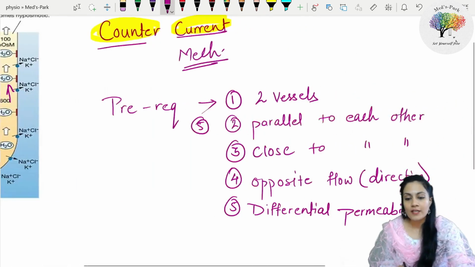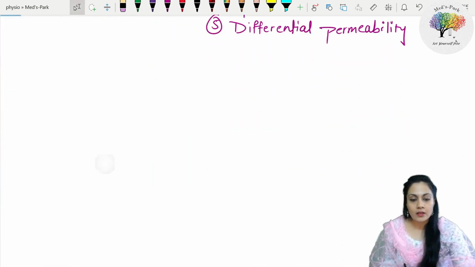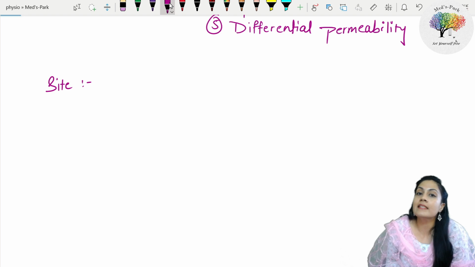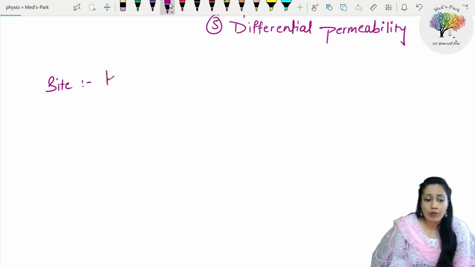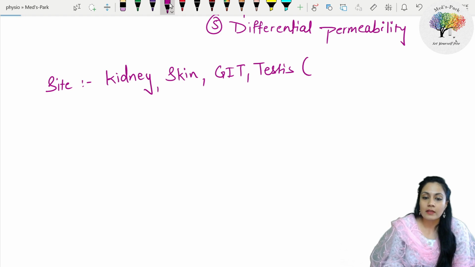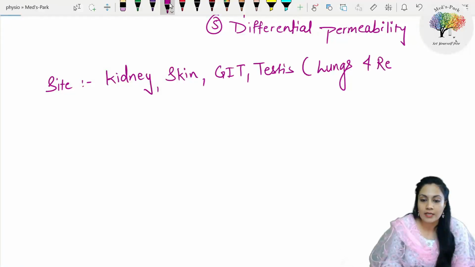Okay, so first of all, let's discuss what the site is. After the prerequisites, let's discuss where we can find this countercurrent mechanism. Obviously, we are discussing the kidneys, that is nothing but the nephrons, right? With that, we do have countercurrent mechanisms in the skin, in the GIT, in the testis also, as well as research also says that they are present in the lungs and retina.